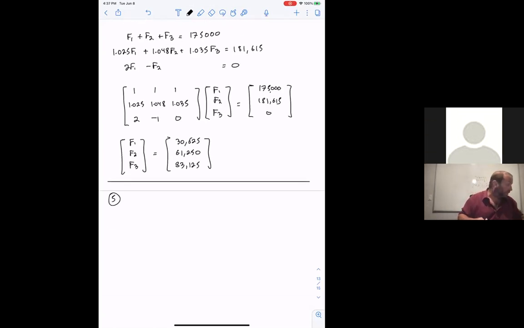It says, a manufacturer wishes to produce 4 different products, A, B, C, D. The table below shows the number of minutes required on each of the 4 machines to produce the product.